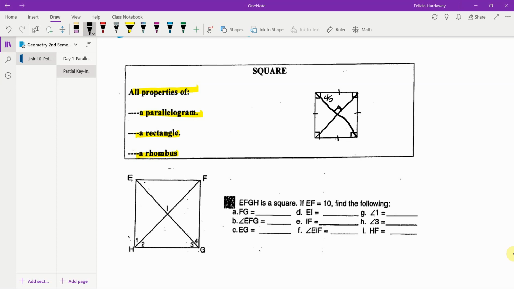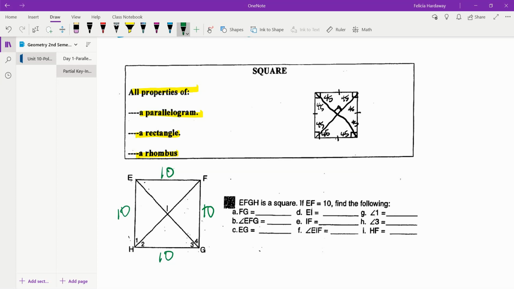So that means it's always going to turn these triangles into 45-45-90 triangles. Every single one of them is going to be a right isosceles. You use that to help you with this problem, because they tell us that EF is 10, so that means all the sides are 10.